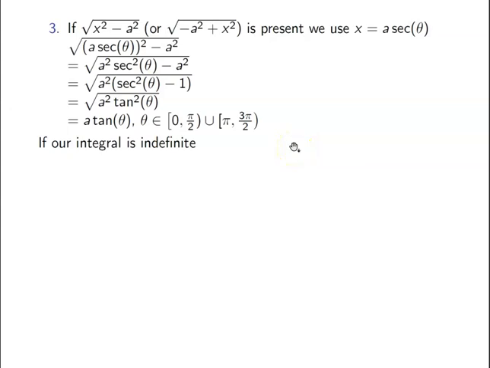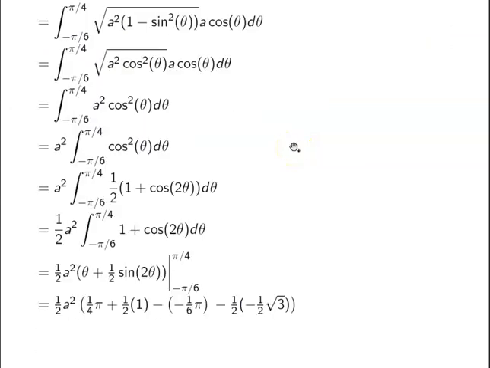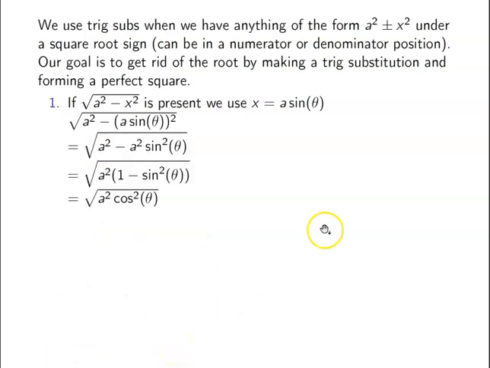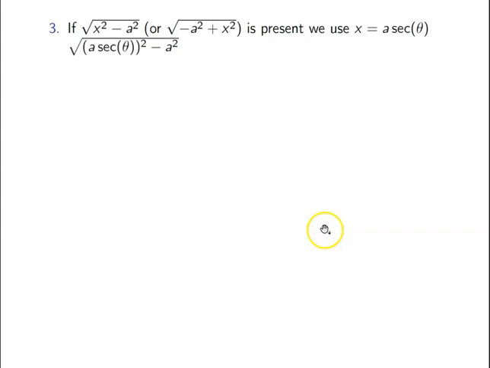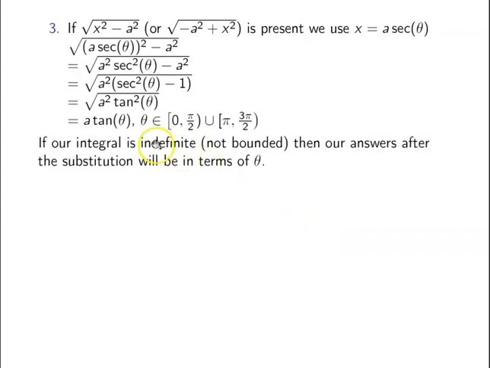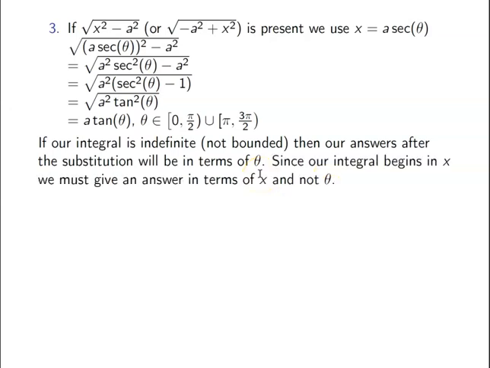If we have an indefinite integral, okay, so for our first example, we had a definite integral, we evaluated at some bounds, we had an actual value out, the actual value that we calculated. If we have an unbounded indefinite integral, we cannot leave our answer in terms of theta, right? We have to bring it back to the world of x.